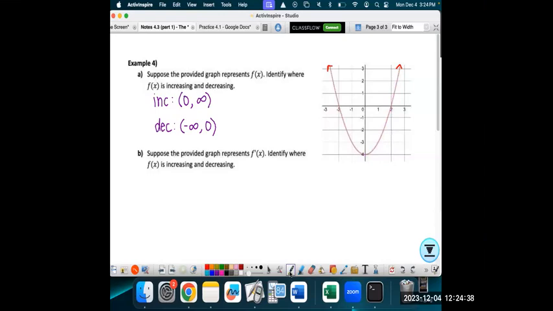In part B, let's suppose that this graph represents f prime. Where would our function be increasing versus decreasing? Remember, a graph is going to be increasing where the derivative is positive, and then it'll be decreasing where the derivative is negative. Go ahead and figure out those intervals. Okay, so if this is literally the derivative graph, if I want to find where the derivatives are positive, I'm literally just looking at where this has positive outputs.